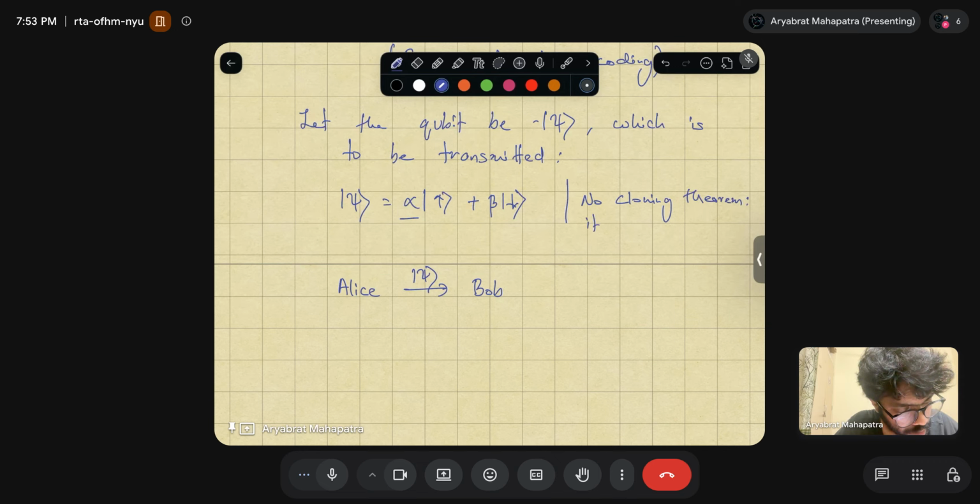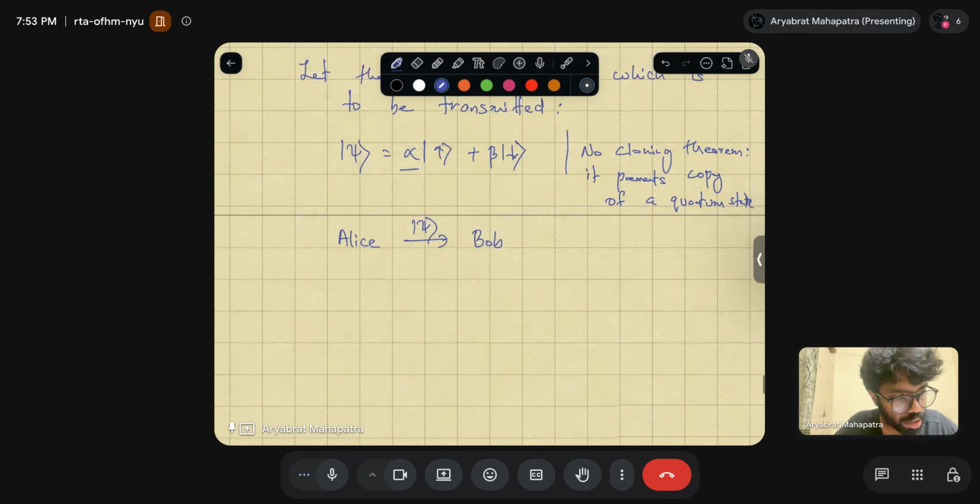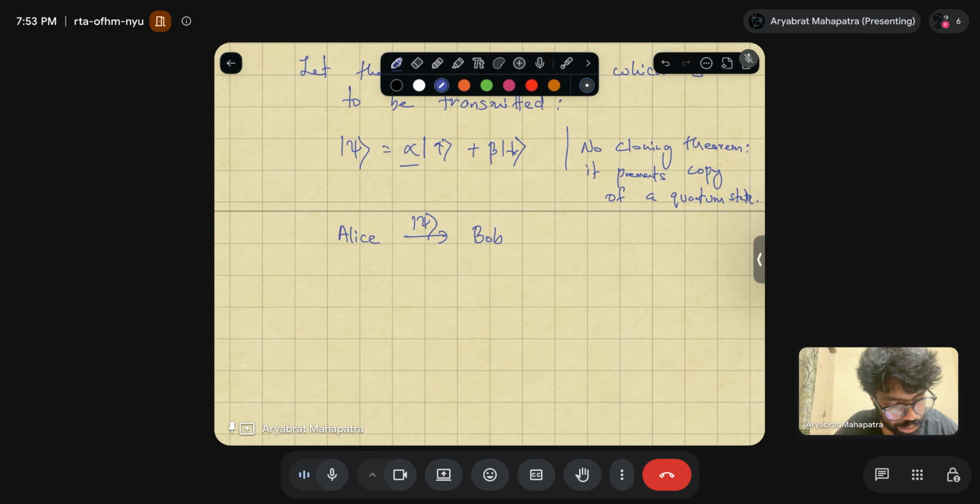It prevents copying of any quantum state. So if Alice has psi, it cannot be copied.